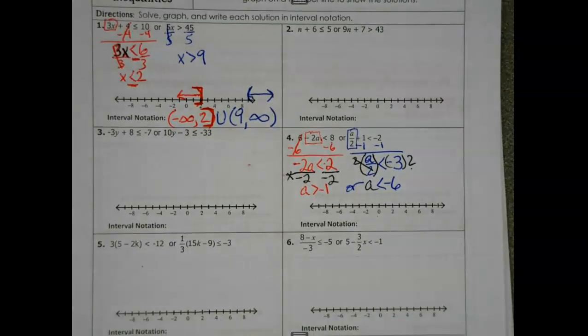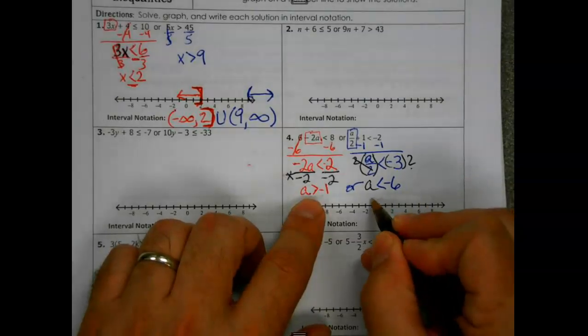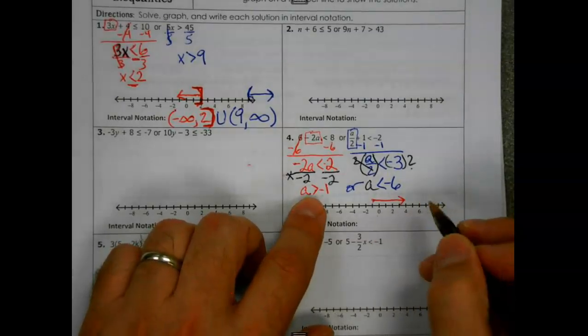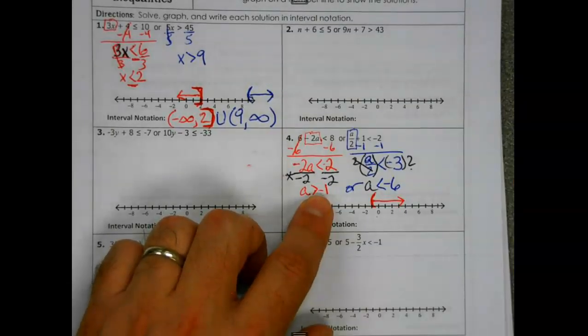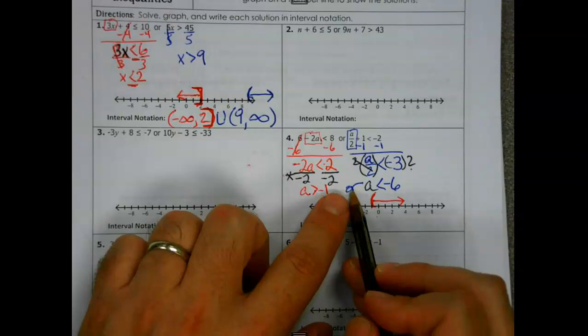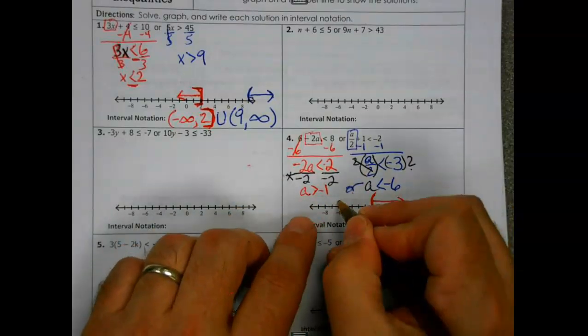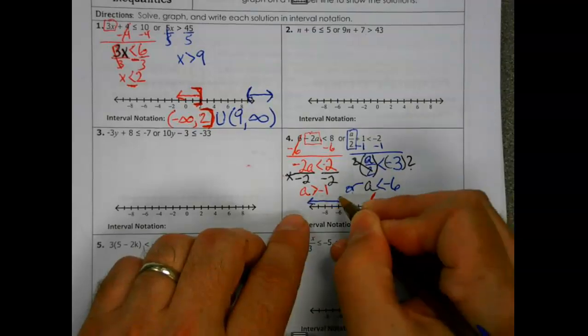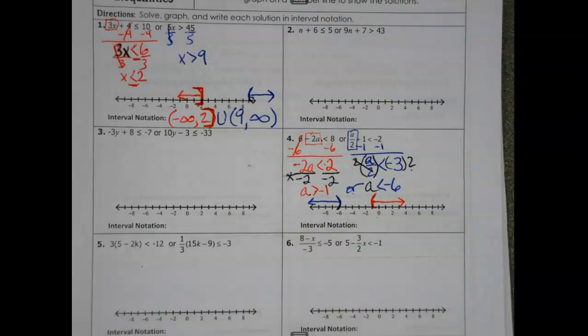And so I get in here. And again, I have a picture in my brain and on my notes what this should look like, so let's hope it does. A is greater than negative 1. Okay, greater than parenthesis. Or A is less than, arrow's pointing at A, negative 6. Less than goes left. They're going away from each other. That's what I want.